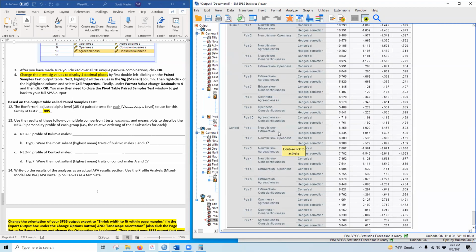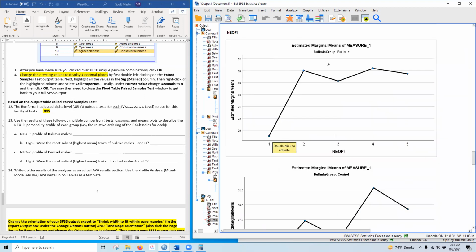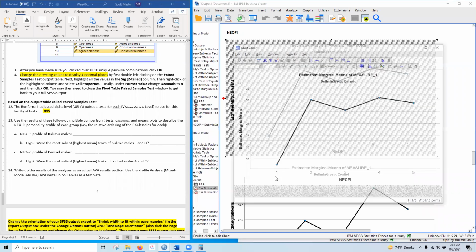Let's look at the plot. Where's the plot? Oh, it's up here. There's our bulimic males. Neuroticism, let me fill these in so these make a little more sense, because we still got these numbers again.